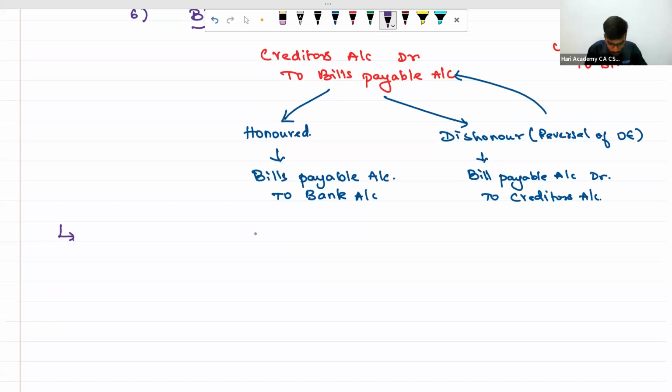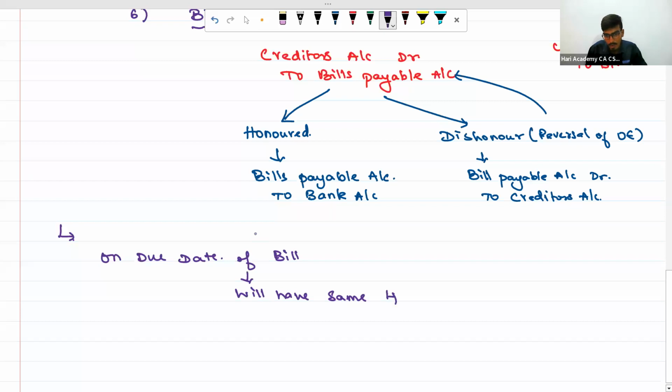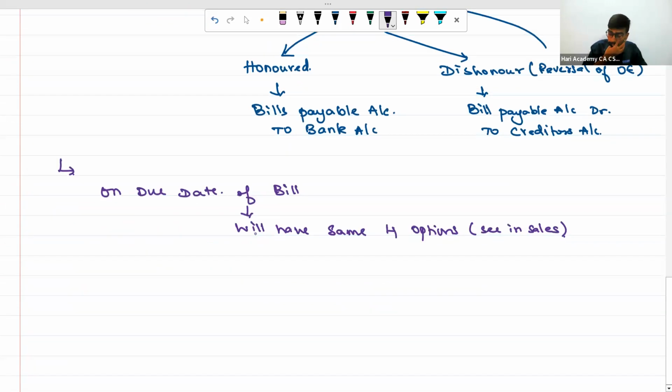Here, on the due date of the bill, we will have the same four options which we saw in sales transactions. Whatever we said in sales transactions, the same four cases, as the case may be, will be there. One is held at maturity.